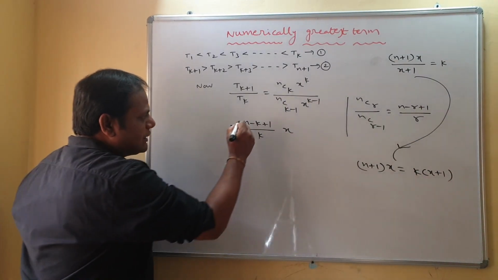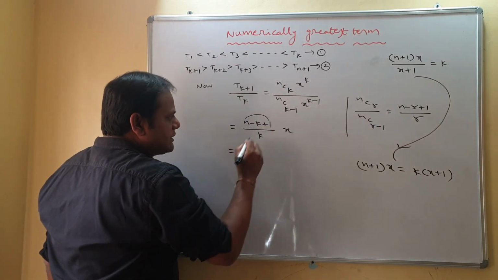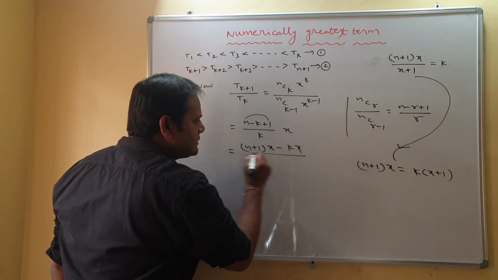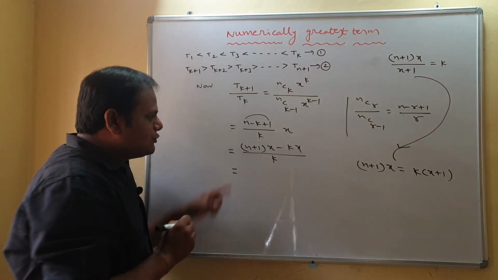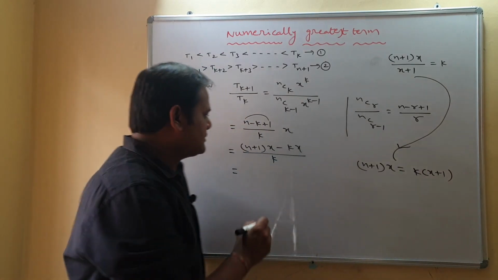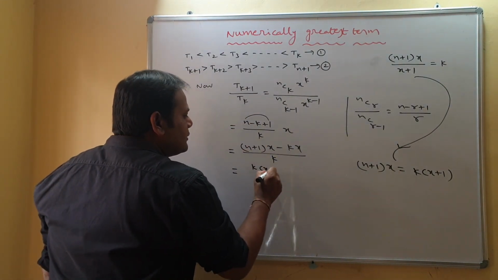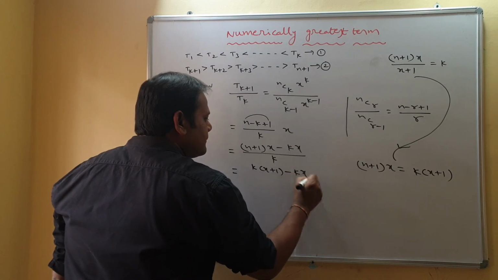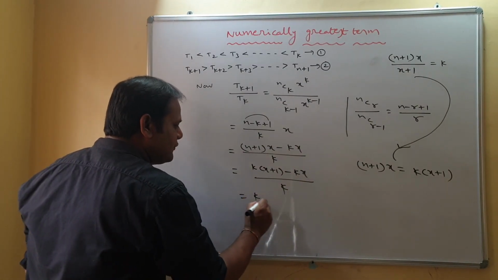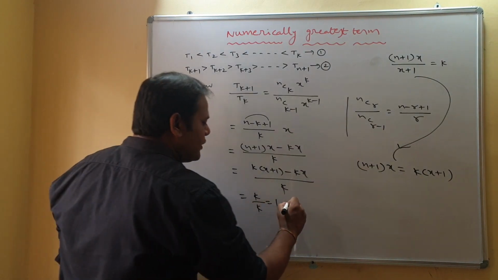Now here you see that n plus 1 into x, so it is n plus 1 into x minus kx by k. So in place of n plus 1 into x, you can take k into x plus 1 by k. Now kx gets cancelled and we are left with k by k. What is it? 1. Is it right?